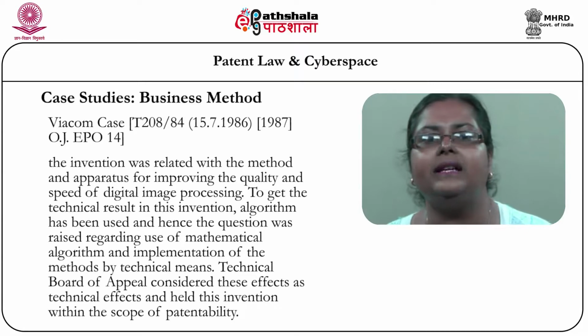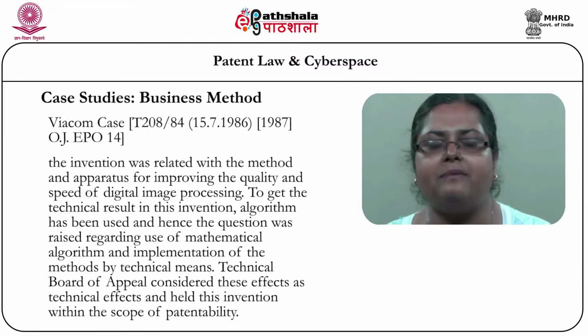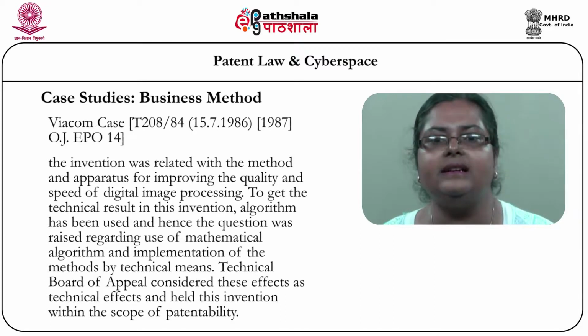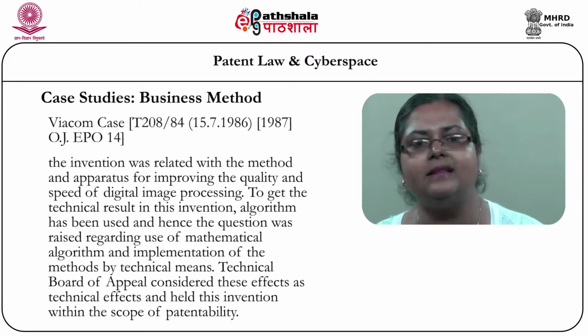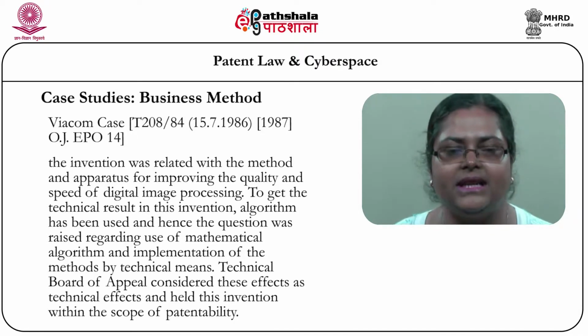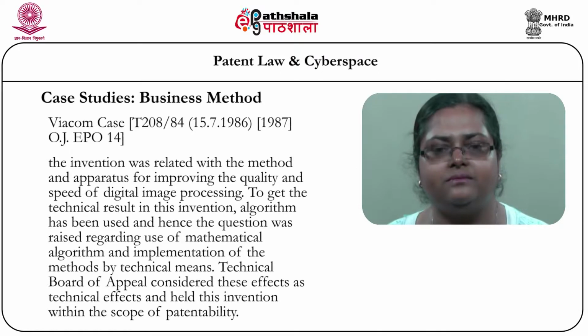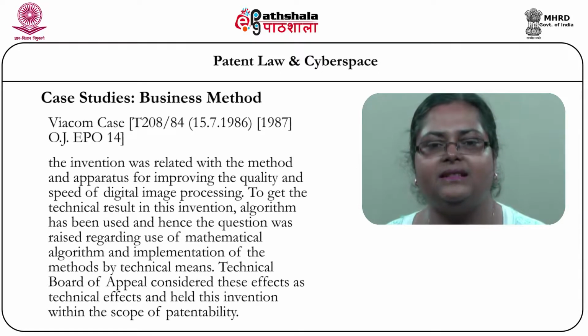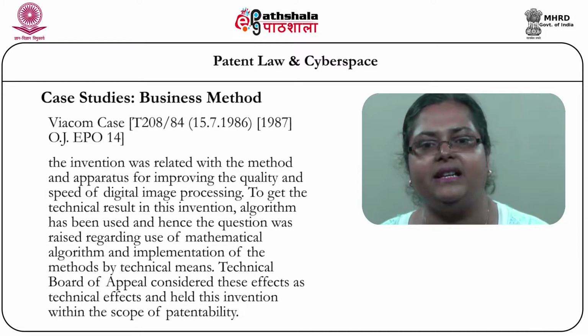The invention was related to a method and apparatus for improving the quality and speed of digital image processing. To get the technical result in this invention, an algorithm has been used, and hence the question again arises about the mathematical algorithm implemented in this particular method by technical means.